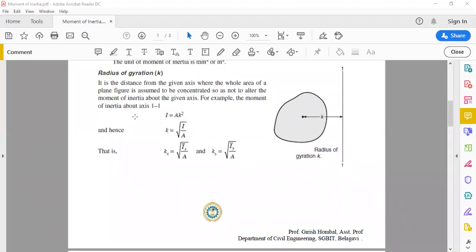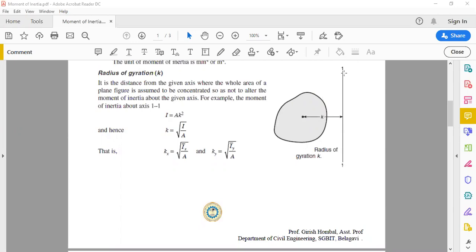Now, to understand the radius of gyration, let us consider an irregular geometric figure, and let us consider any axis 1-1, which is at a perpendicular distance of k, which is the radius of gyration.